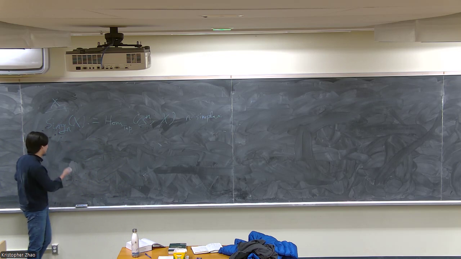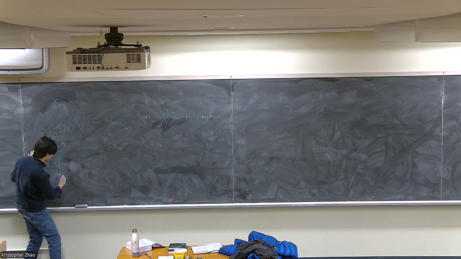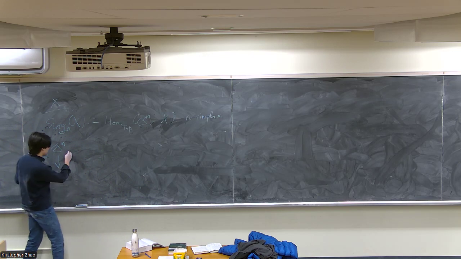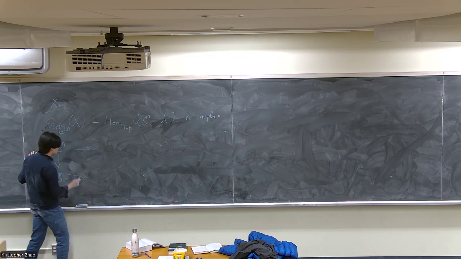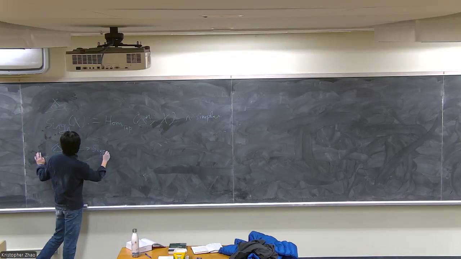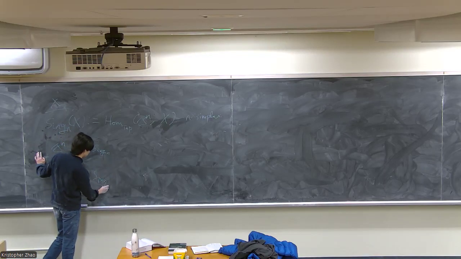Then for each n and m, these are functors which are non-decreasing functions. It induces maps between thing n and thing m.